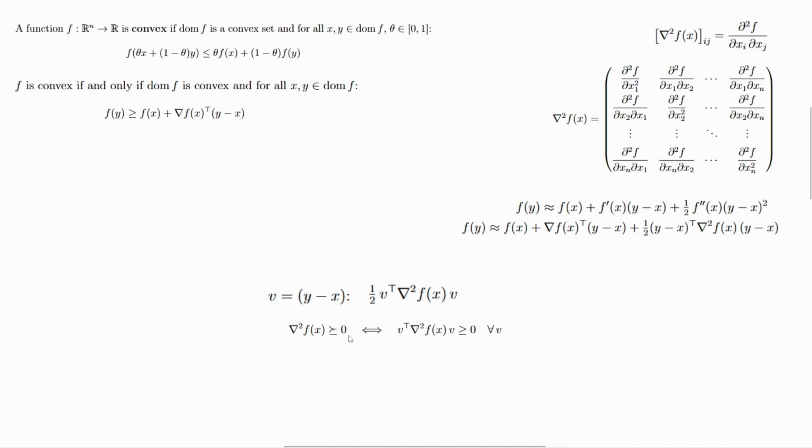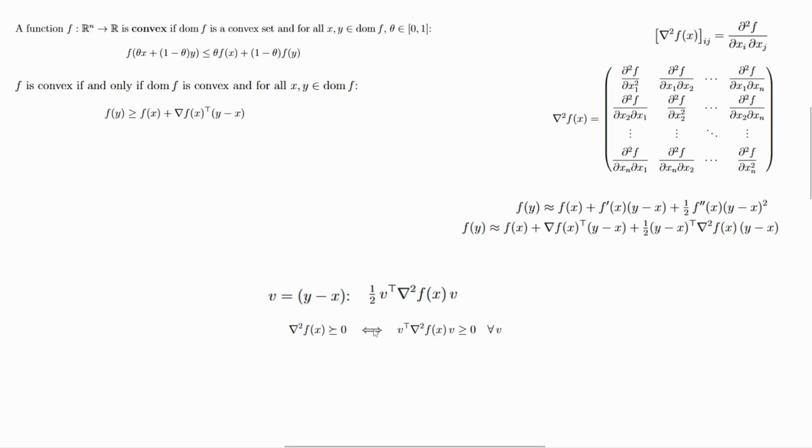But hold on a second. Remember, this is exactly the definition of positive semi-definite matrices. If we say that the Hessian must be greater than or equal to 0 under the generalized inequality, this is the same as the Hessian being positive semi-definite.